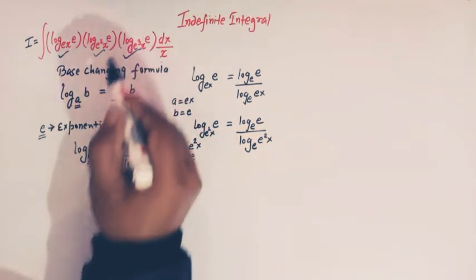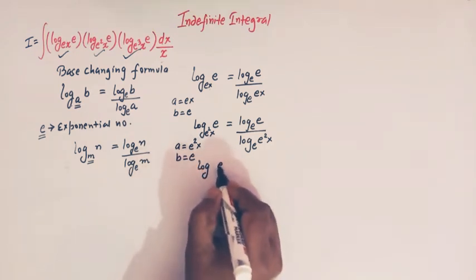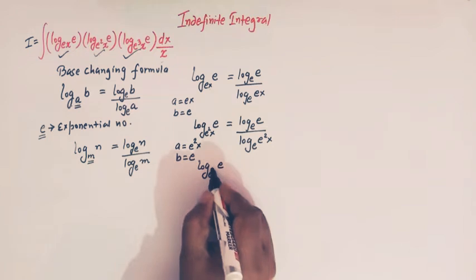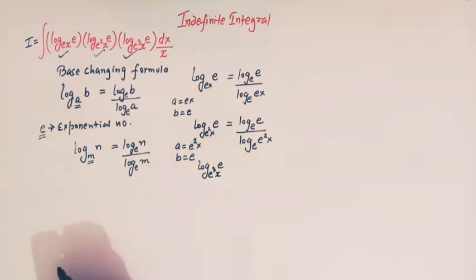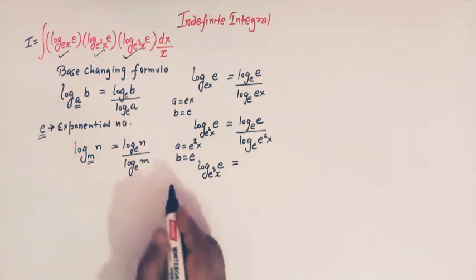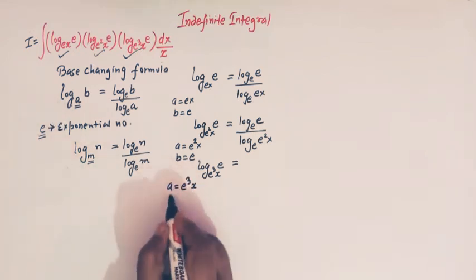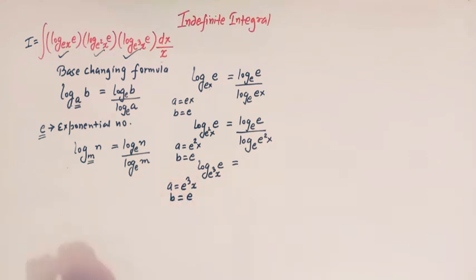Now similarly we can take the third term. So here we have log of e, and the base is e^3x, right? Now again, if we compare this term with this one, then the value of a is e^3x, and b is equal to e, right?